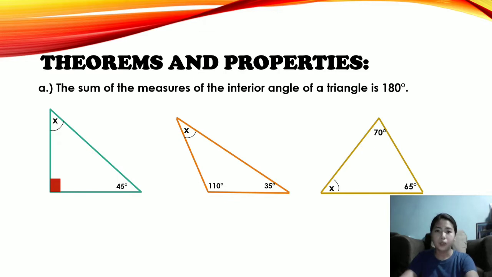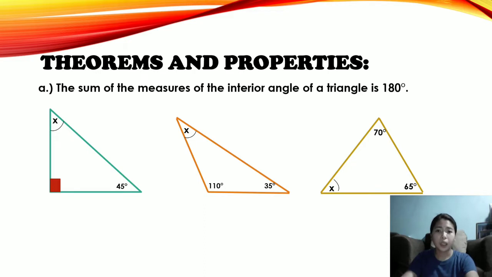Using this theorem, let's solve for x. For the first example, we know that this is a right triangle. We have a perpendicular line here, so that measures 90 degrees. We need to solve for x.